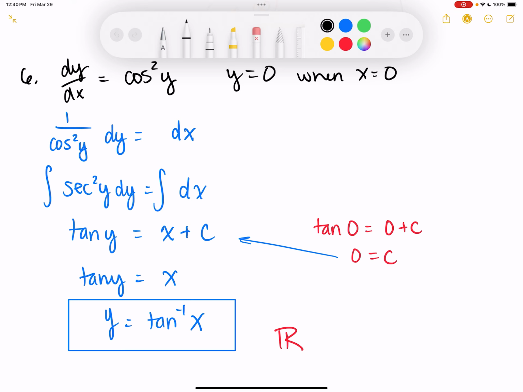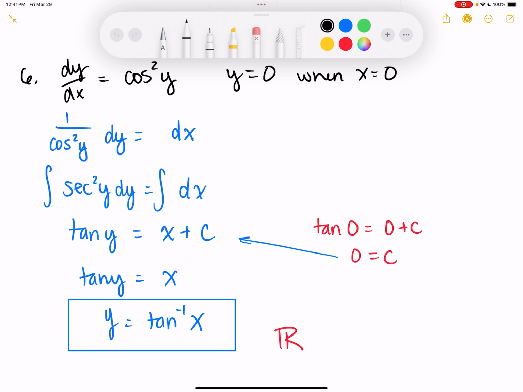I guess those are technically restricted from, well, I was going to say 0 to pi because that's where that restriction is anyways, but maybe not. I'm not sure. And that's sine. So sine and cosine are basically just flipped of each other still on that. But I'd be more worried about the inverse tangent one, to be honest.